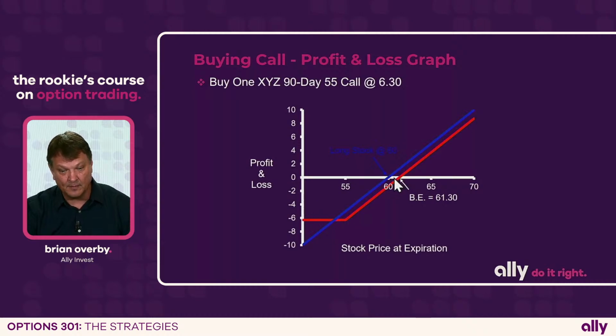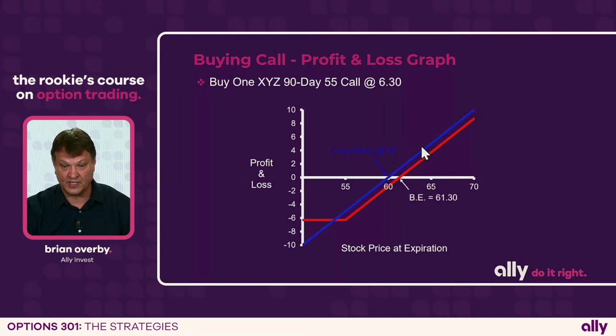So if we come down a little bit and we go to 52, 53, well, we didn't lose our entire investment. We still have intrinsic value. We could exercise, buy the stock via the call at 55, sell it at 57. So the max risk doesn't kick in until we get down to the strike at 55, and then we have limited and known downside from there on down.